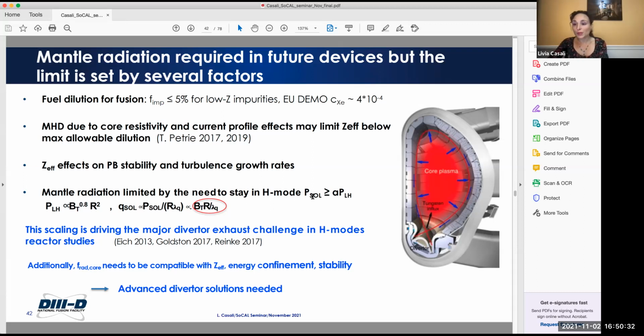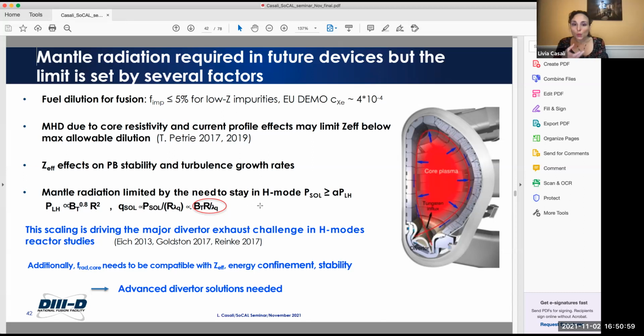So because P_SOL needs to be above the power of the LH transition, we end up with this scaling of a Q_SOL proportional to magnetic field, radius, and lambda_q. And I just want to point out that this scaling is driving the major divertor exhaust challenge in H mode studies.